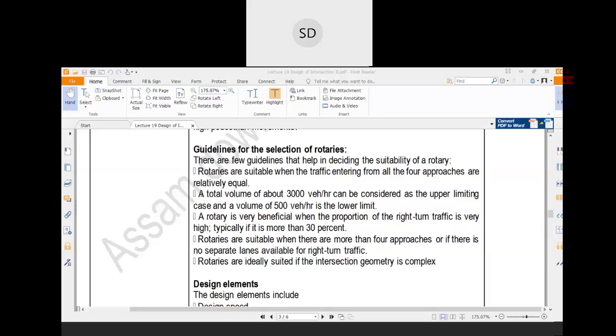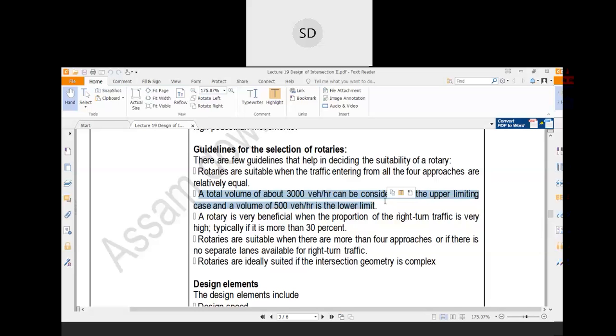Now there are some specifications for the traffic volume up to which a rotary intersection can be accommodated, and that is a total volume of about 3000 vehicles per hour, which can be considered the upper limit of the rotary intersection, and a volume of 500 vehicles per hour is the lower limit.